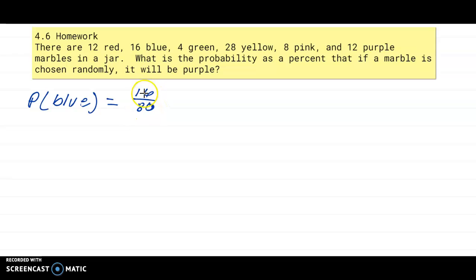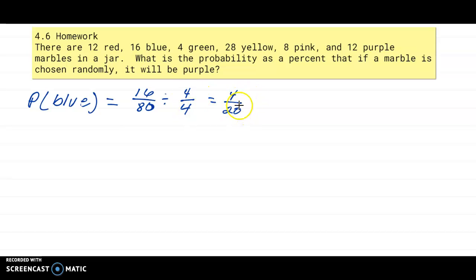In the last one, I didn't reduce my fraction, and you don't have to, but sometimes it's easier when you're working with smaller numbers. So I'm going to go ahead and reduce this. I'm going to divide by a giant 1, and I'm going to look for the largest number I can divide into 16 and 80, and that would be 4. 16 divided by 4 equals 4, and 80 divided by 4 equals 20.